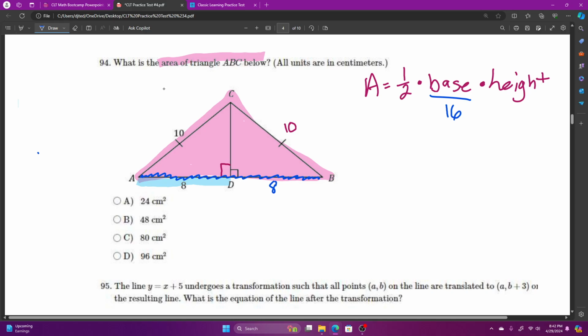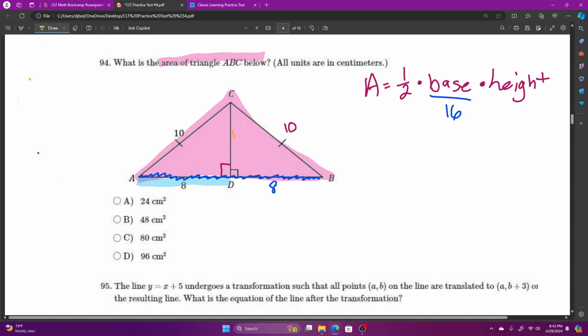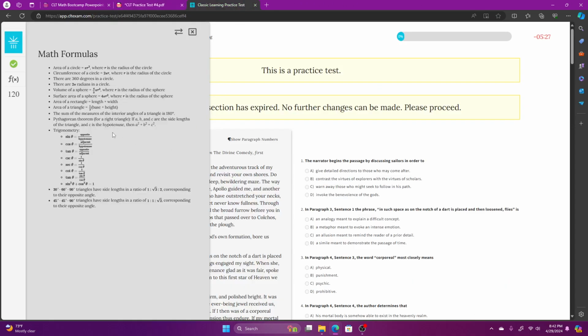And now we need to find the height of our triangle, H. So I'm going to just zoom in on half of the triangle here and say, okay, if I know 2 sides of a right triangle, I can find the 3rd side by the Pythagorean theorem, which is on the reference sheet.